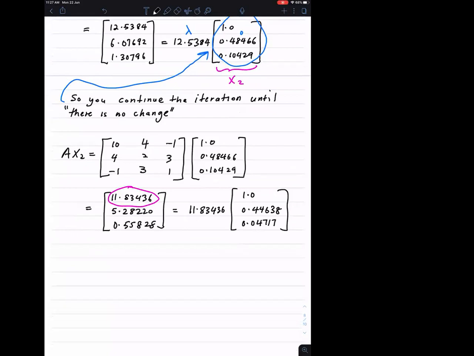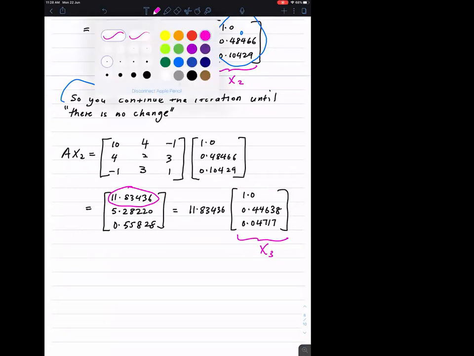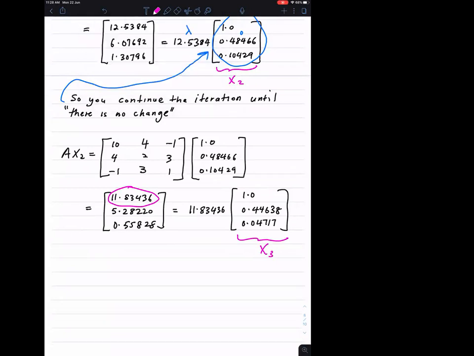Okay, now you have the third eigen. So you can compare these two and see, are they the same? I think they're getting there. The second row, for example, the first row, okay, still the same.